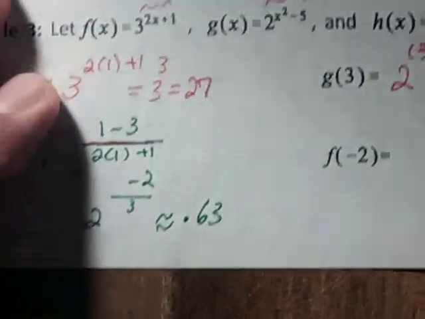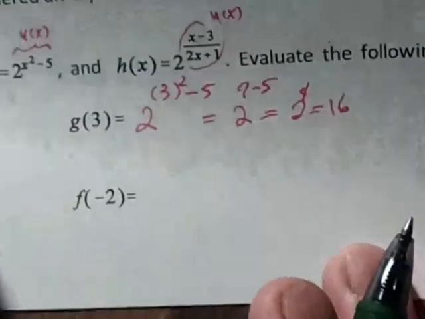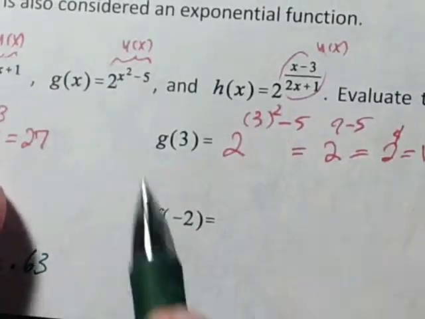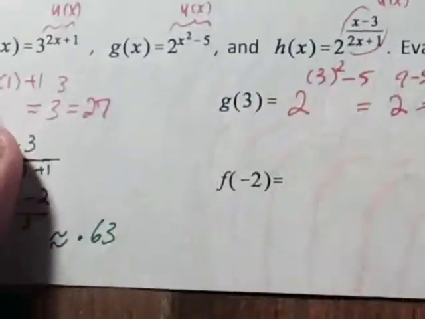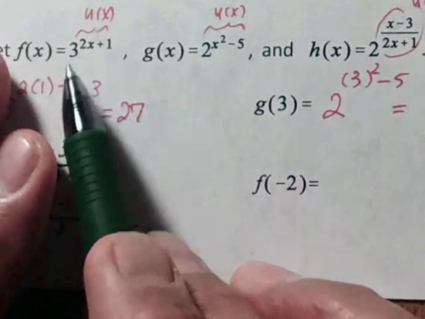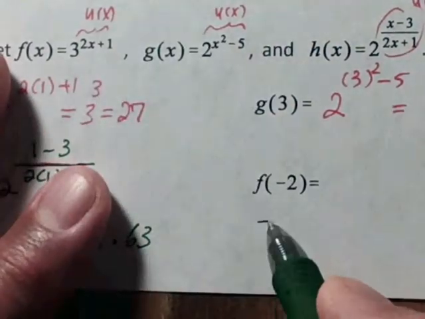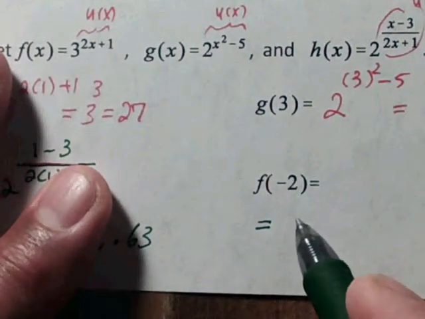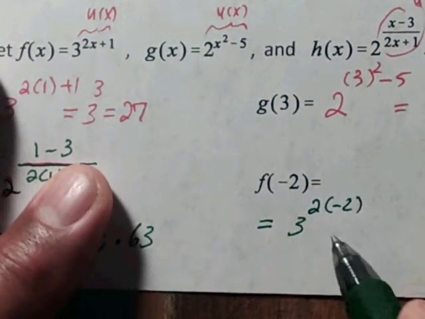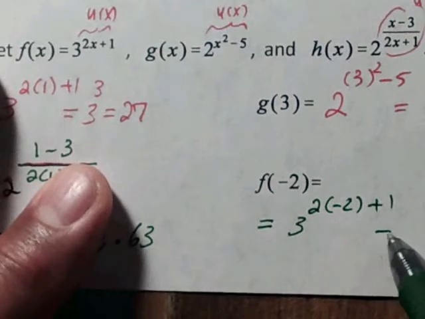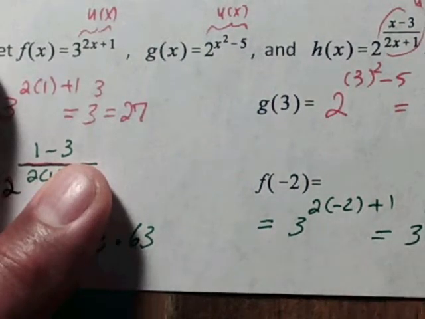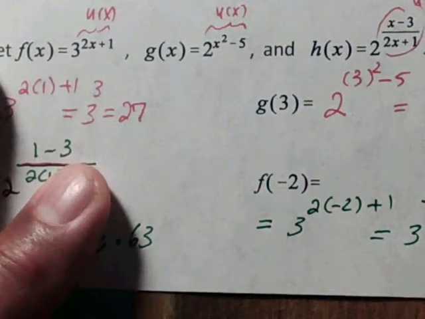And if you want to do f of negative 2, this is your f. F of negative 2 is equal to 3 to the power 2 times negative 2 plus 1. So 2 times negative 2 is negative 4, plus 1 is negative 3.